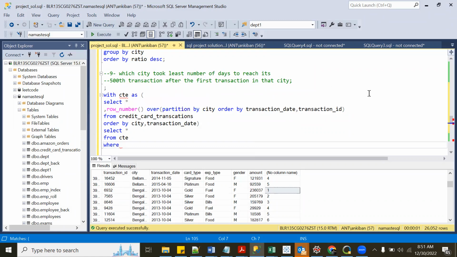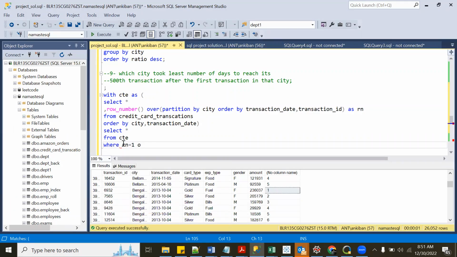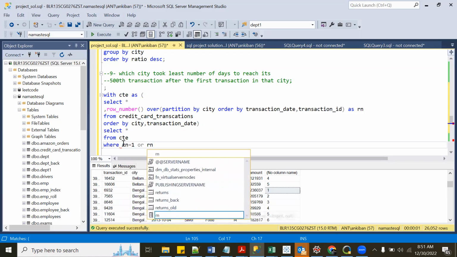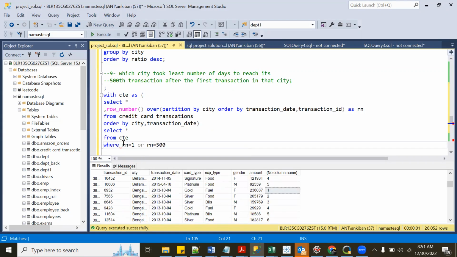Okay, I have to give the column name actually as RN. Where RN equal to 1 or RN equal to 500. I'm interested only in these two rows, isn't it?